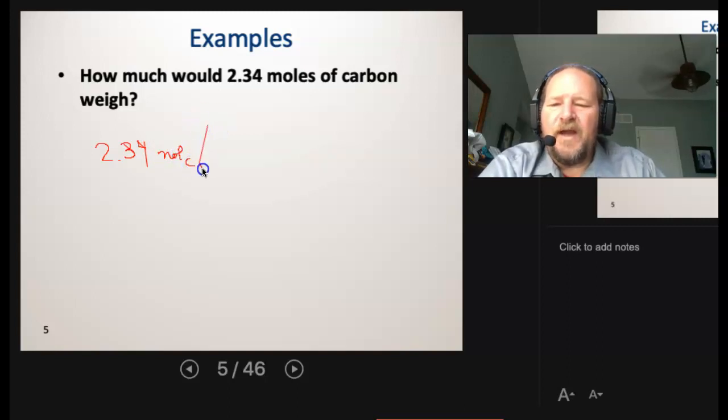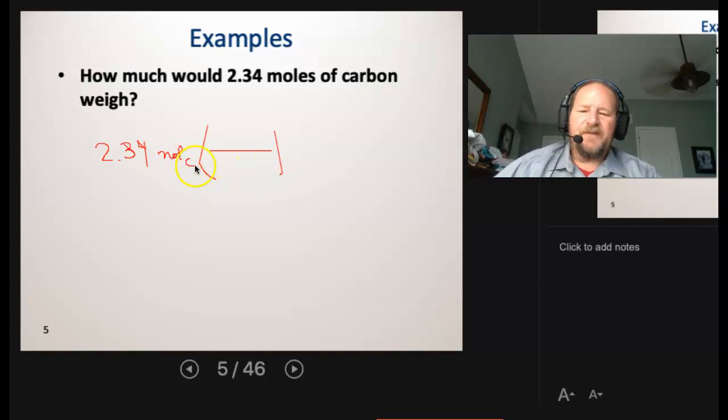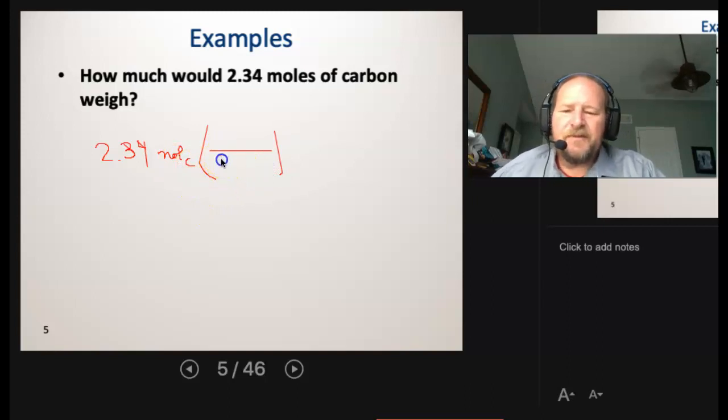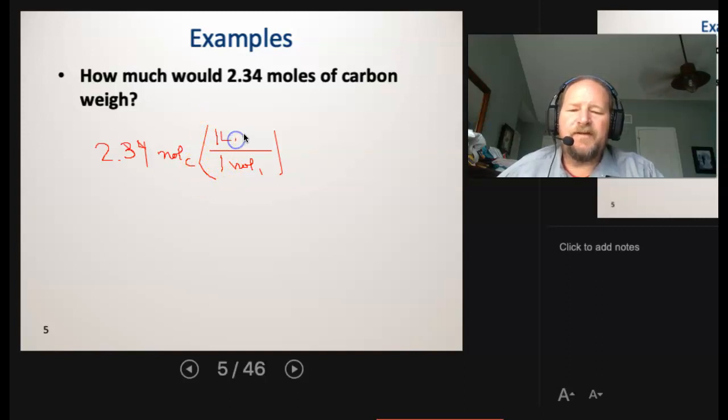How much would it weigh? Well, now, rather than using Avogadro's number, I'm going to use the periodic table. I still want to get rid of moles, so I'm going to put 1 mole of carbon on the bottom. Except now I'm going to go to my handy dandy periodic table, and it tells me carbon is 12.01.